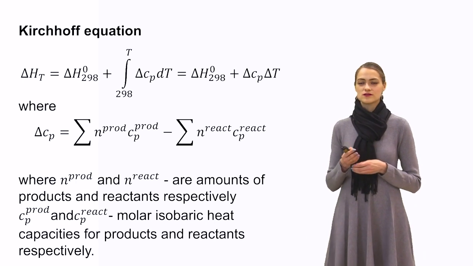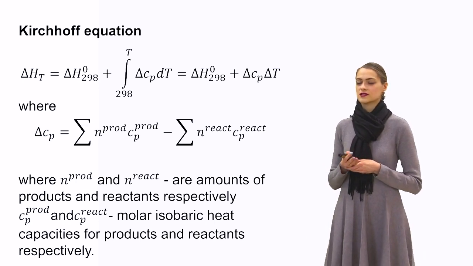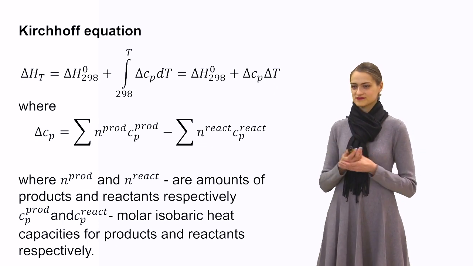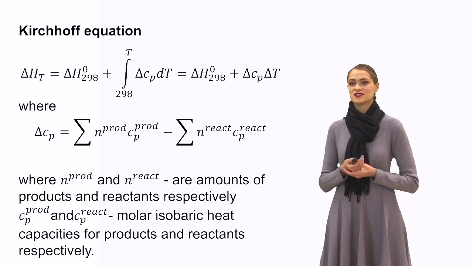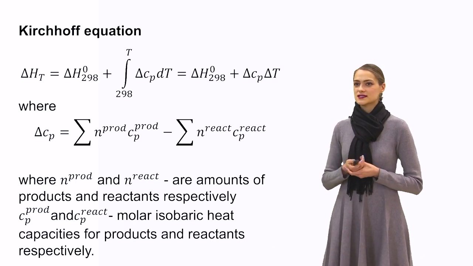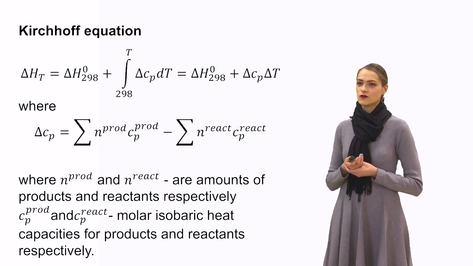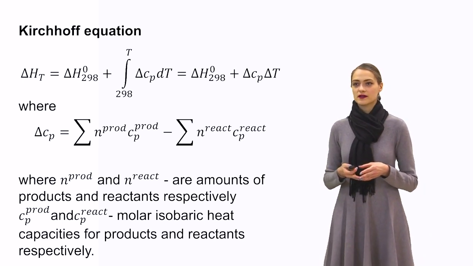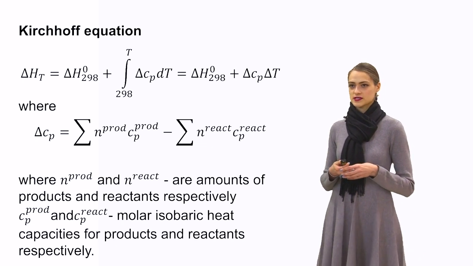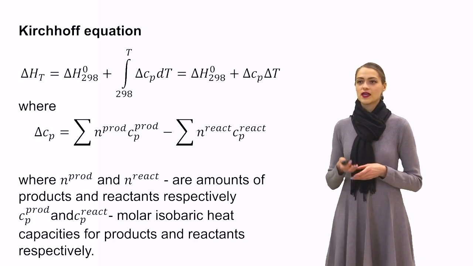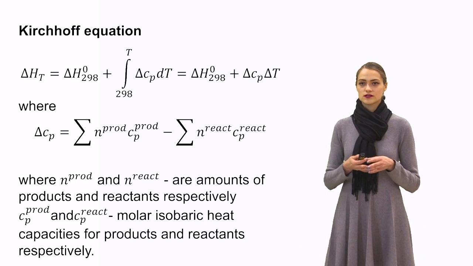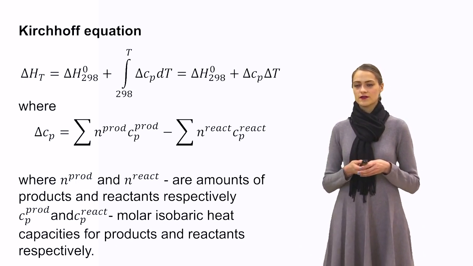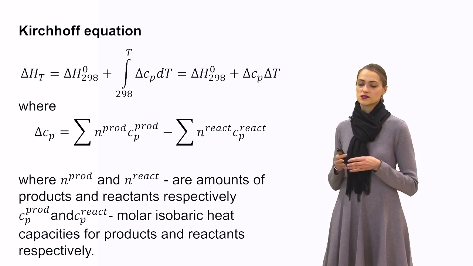So we write the integral from 298 kelvins to the temperature of the given conditions of delta Cp dT. Here delta Cp is the difference between molar isobaric heat capacities for all substances. And finally we have the sum of the heat effect in standard conditions for this exact reaction, and delta Cp multiplied by delta T.